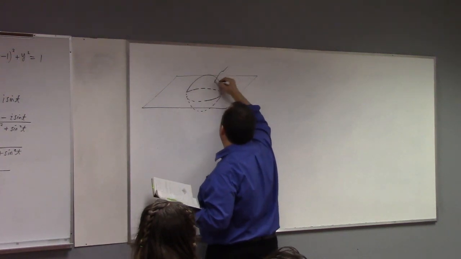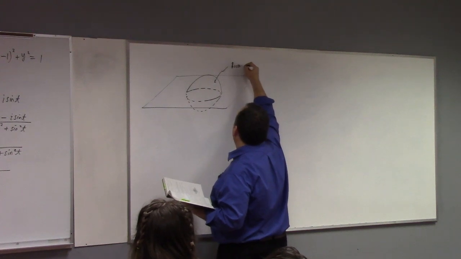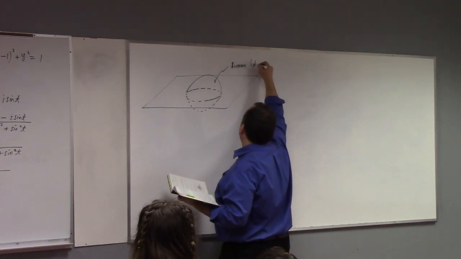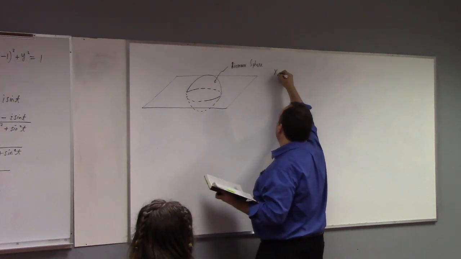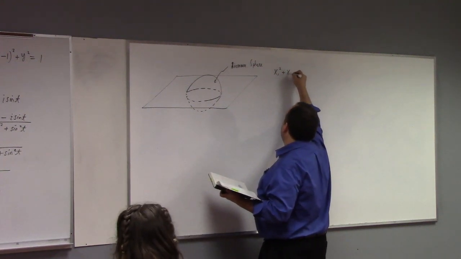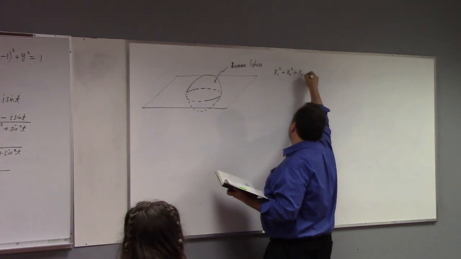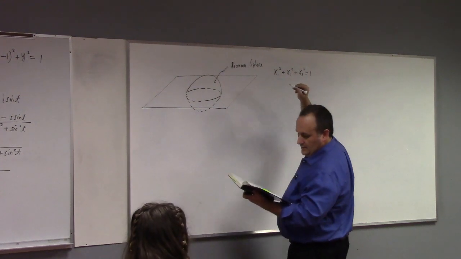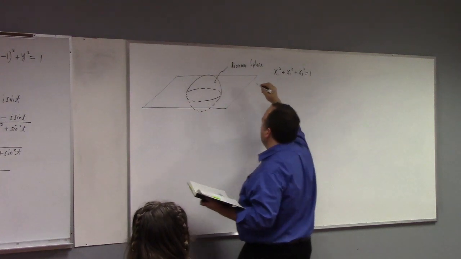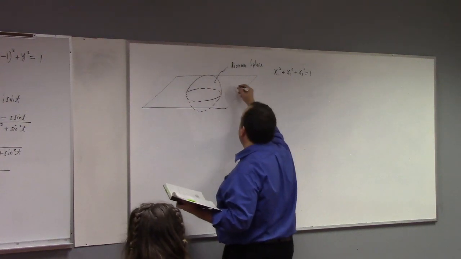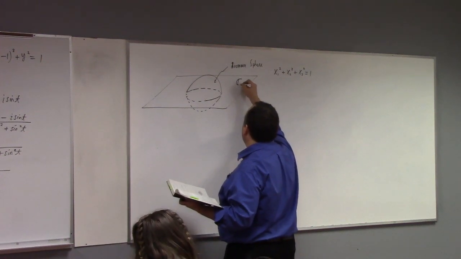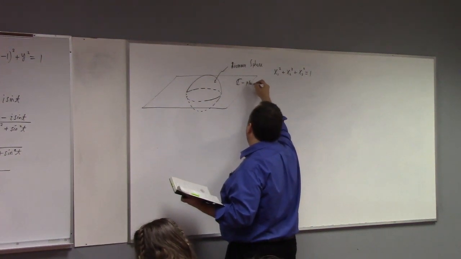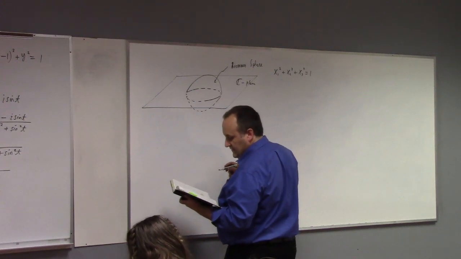It's the Riemann sphere. So the Riemann sphere is, in his notation, x1 squared plus x2 squared plus x3 squared equals 1. Down here, you can think of this as the complex plane.